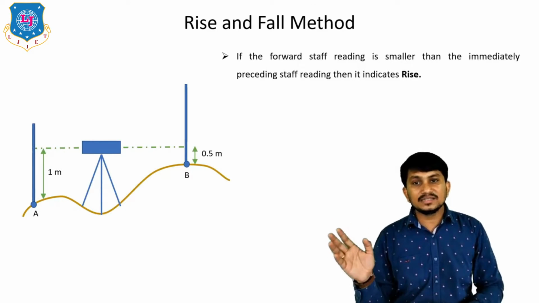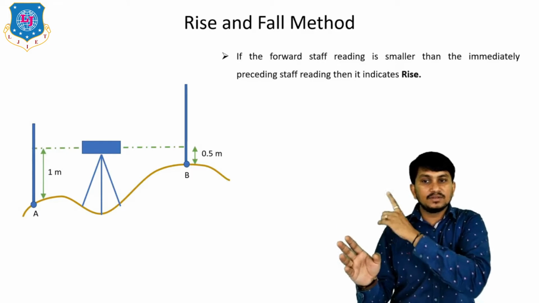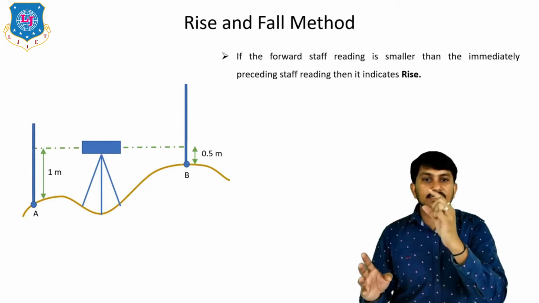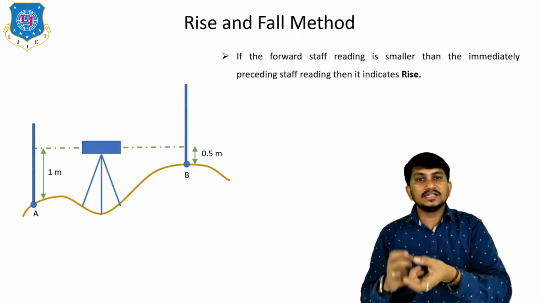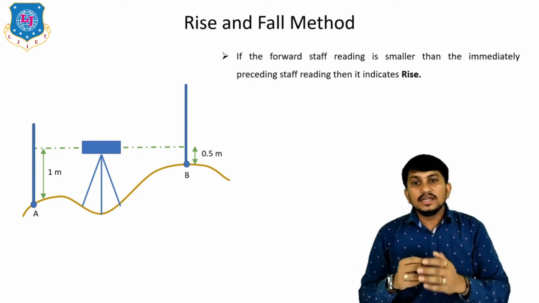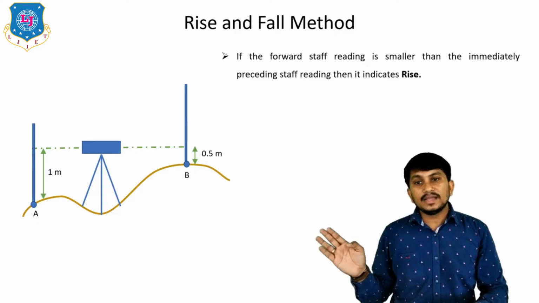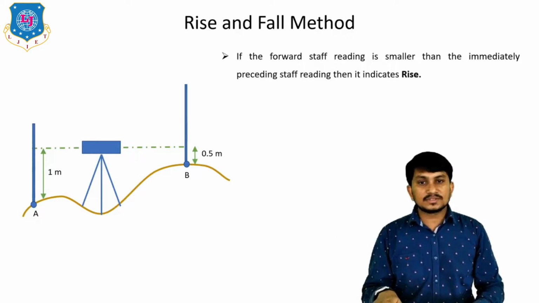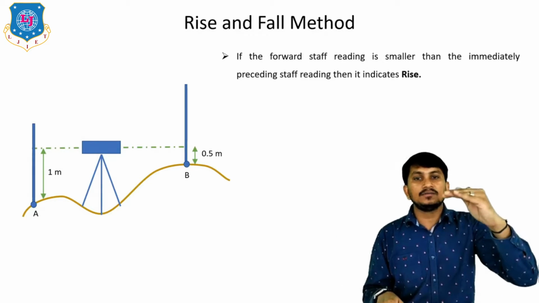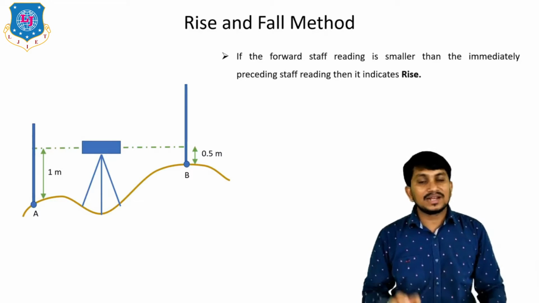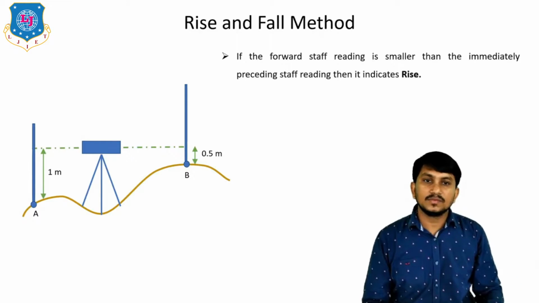Here you can clearly see the preceding staff reading is 1 meter and the forward staff reading is 0.5 meter, which is smaller than the preceding staff reading. So it indicates rise. You can clearly see in this figure also, A is at down slope while B is at a rising slope. You can clearly see the rise of the ground.